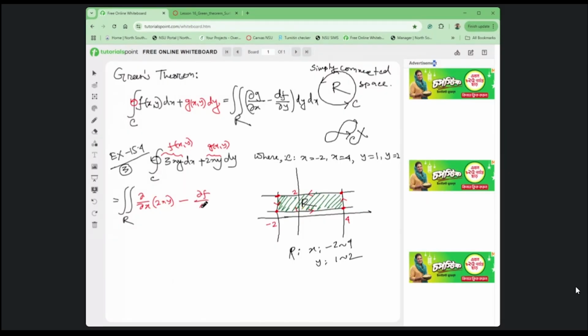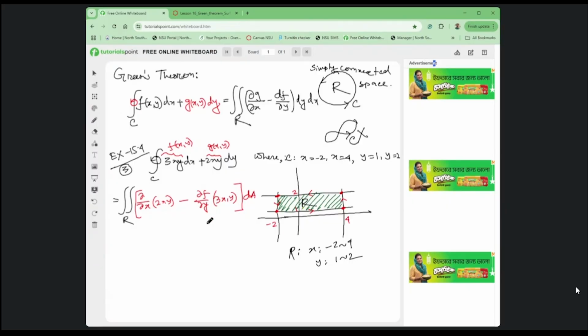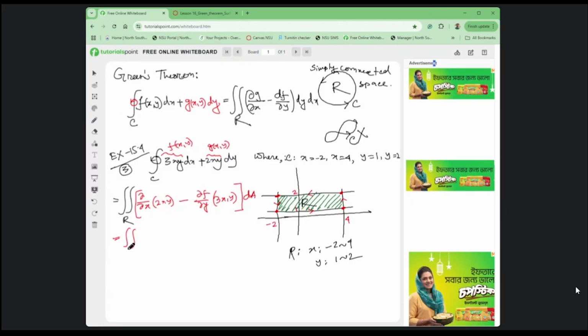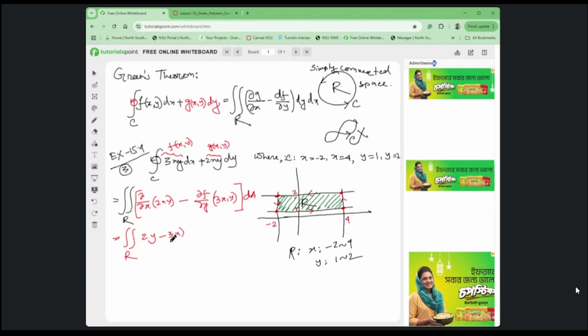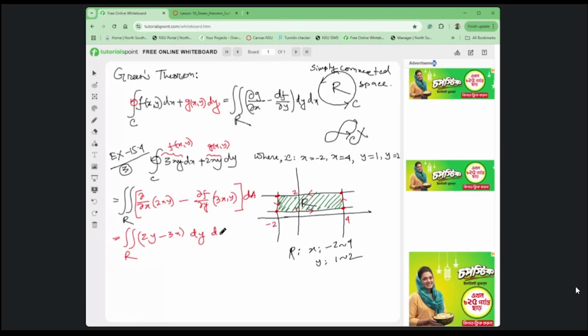Del f del y of 3xy, into dA. Del x of 2xy indicates 2y, minus 3x, dy dA.